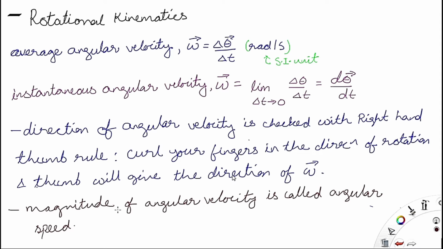Now angular speed is just the magnitude of angular velocity, because angular velocity is a vector quantity and angular speed is the scalar quantity associated with it.